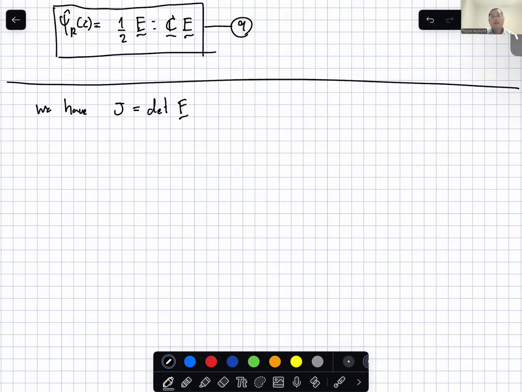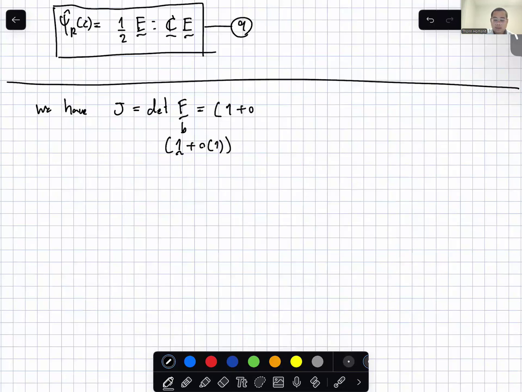From the first assumption, we know that F is going to be something like the identity matrix plus some terms that are negligibly small compared to one. So we basically have the identity matrix, and if we take the determinant of that, we just have one, right?